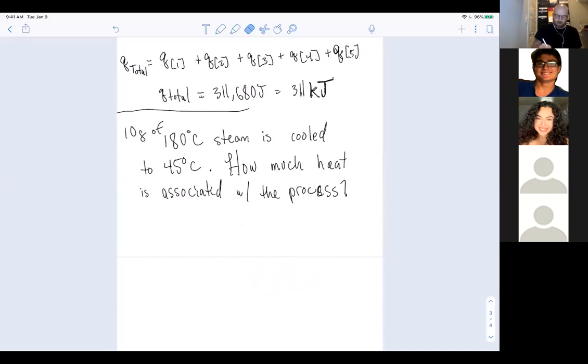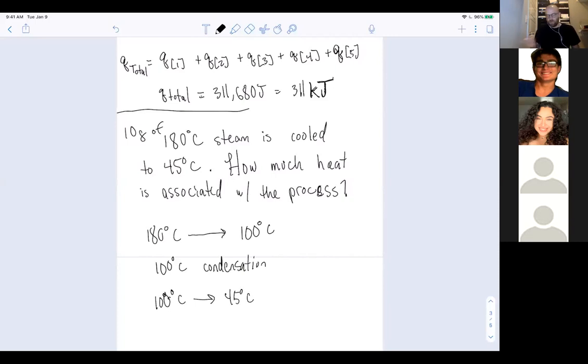We know that for 180 degrees Celsius steam, it's going to cool to 100 degrees Celsius. And then at 100 degrees Celsius, it's going to go through a phase transition, and then when I go from 100 degrees Celsius to 45 degrees Celsius, I'm just cooling liquid water.